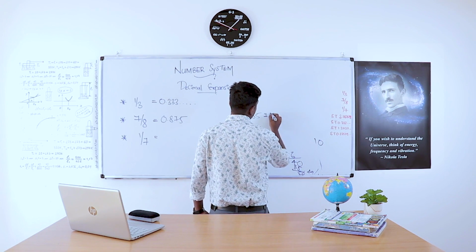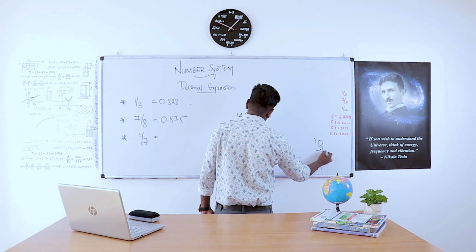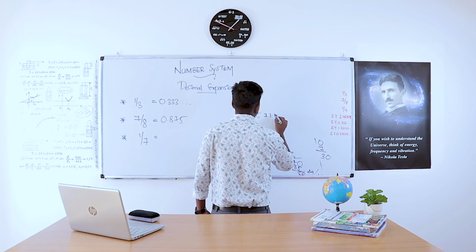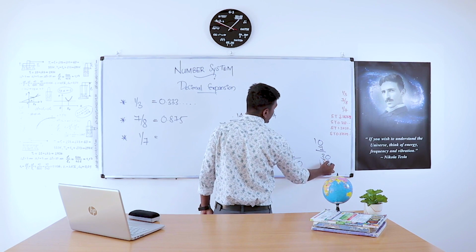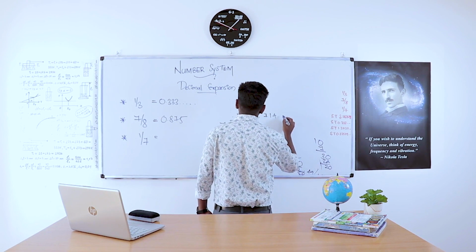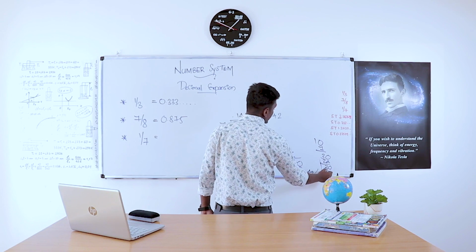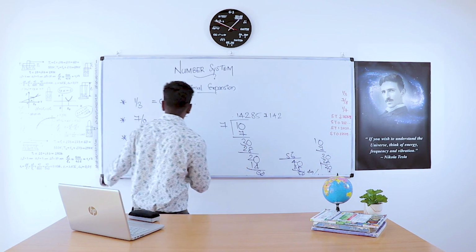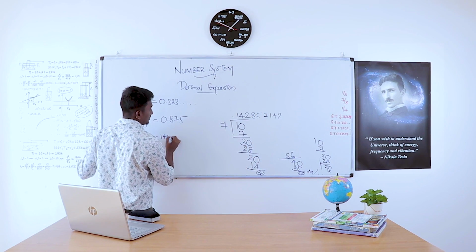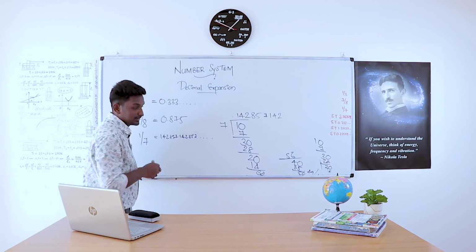Then 7 into 1, 7. Remainder 3, it becomes 30. 7 into 4, 28. Remainder 2, it becomes 20. 7 into 2, 14. And this continues like a pattern, that is 1, 4, 2, 8, 5, 7, again 142857 and repeated like this.